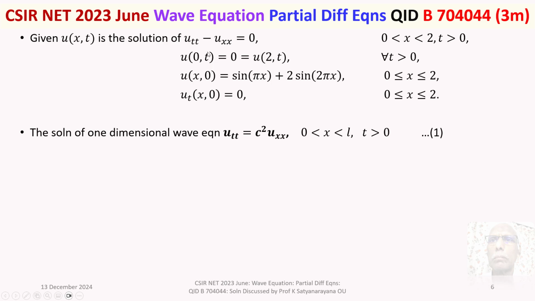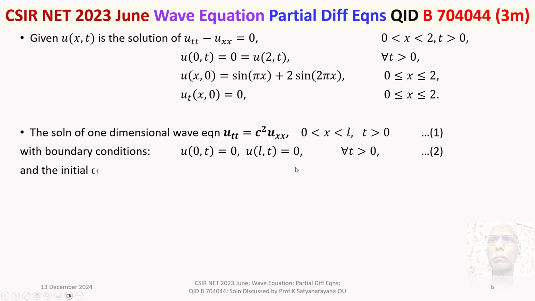And in our case, c is 1. With boundary conditions, u at 0 comma t is equal to 0 is equal to u at L comma t for all t greater than 0. And the initial conditions are u at x comma 0 is equal to f of x, and the partial derivative with respect to t at x comma 0 is equal to 0.